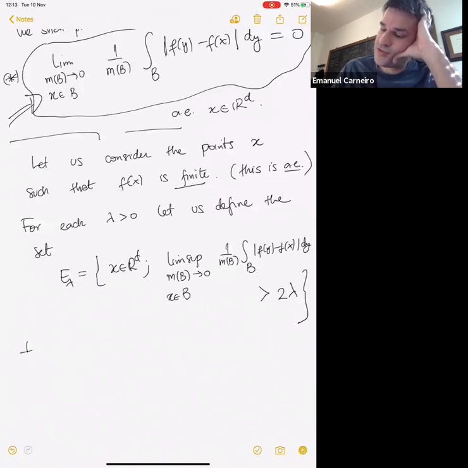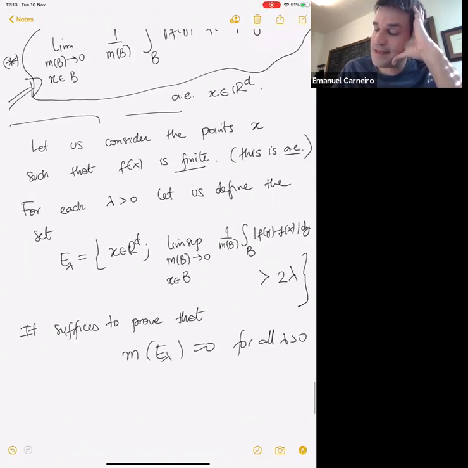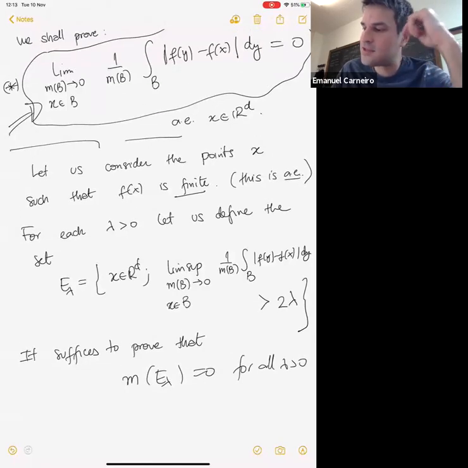So it suffices to prove that the measure of the set E lambda is 0 for all lambda, right? So remember, I want to show that this limit of these averages is 0 almost everywhere.